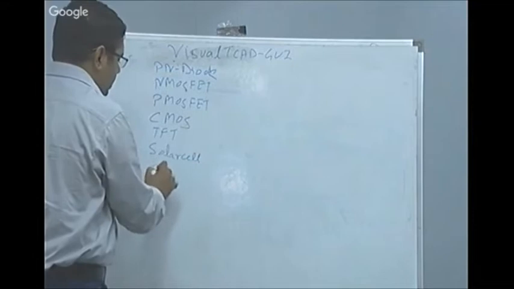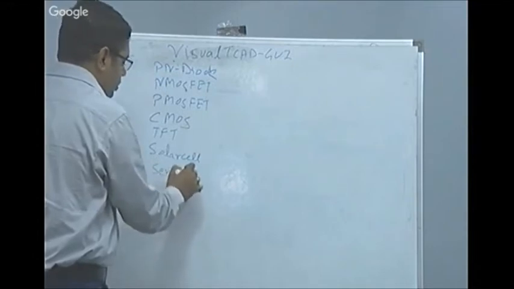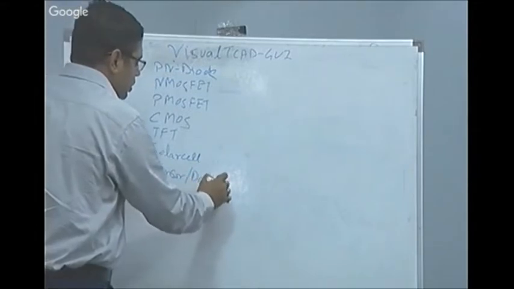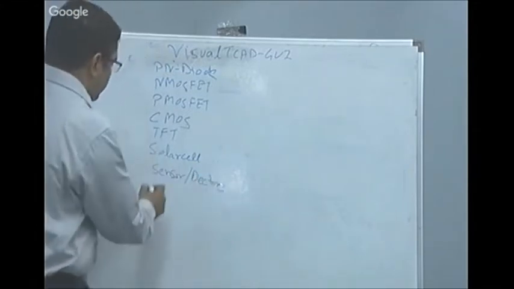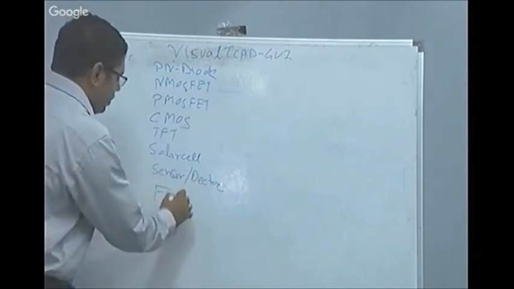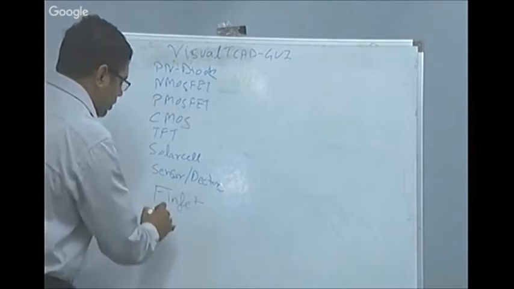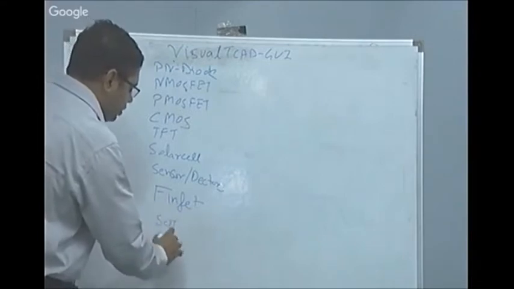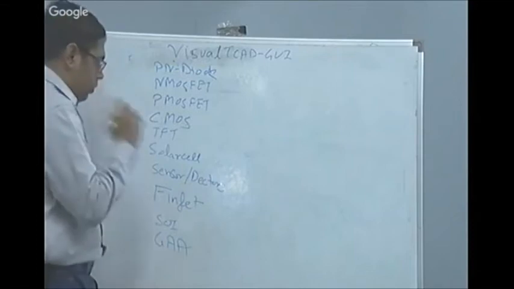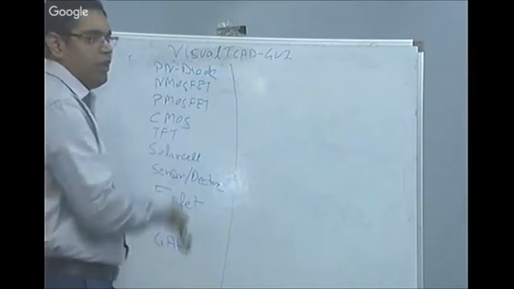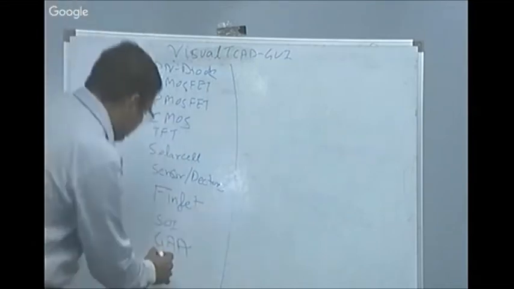We can make sensors, detectors. We can make advanced novel devices like FinFET. We can make SOI devices, gate-all-around devices. And from all these devices, there are multiple devices we can make here. We can make memories like EPROMs.